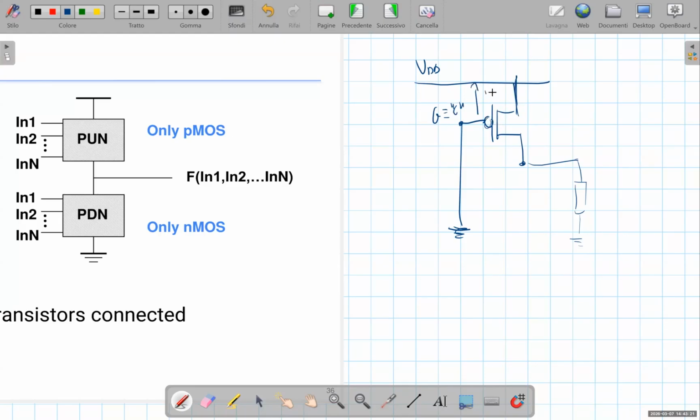The source gate voltage VSG is equal to VDD, and the device is fully on and behaves as a low resistance R on that drives the output voltage up to the supply voltage. So a good high logic level.